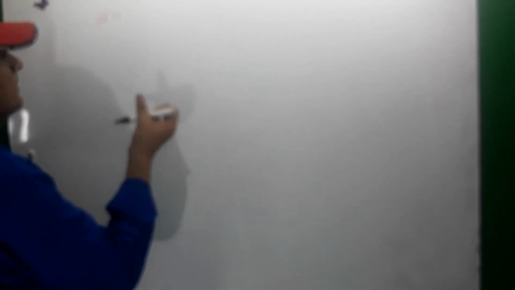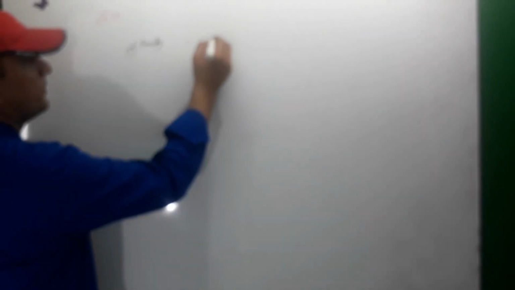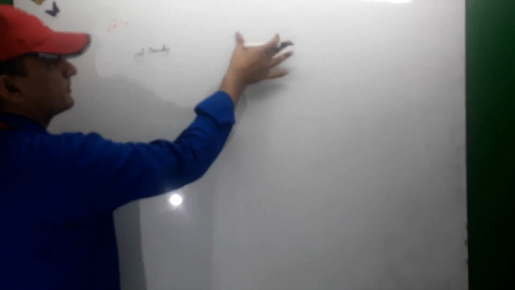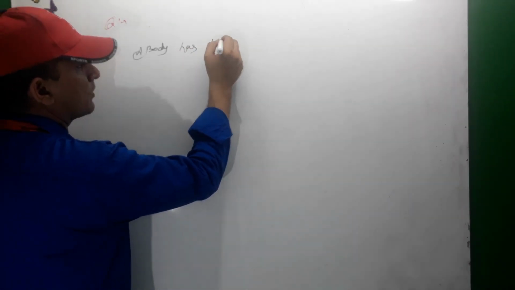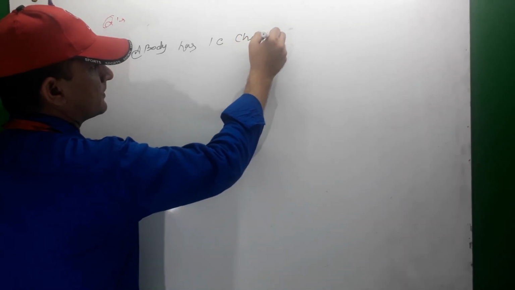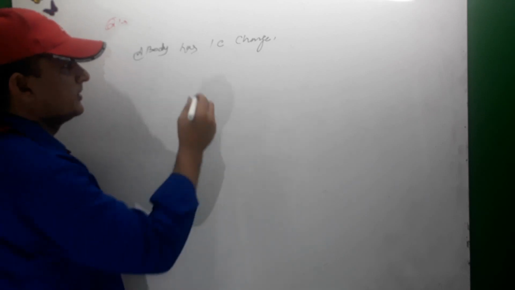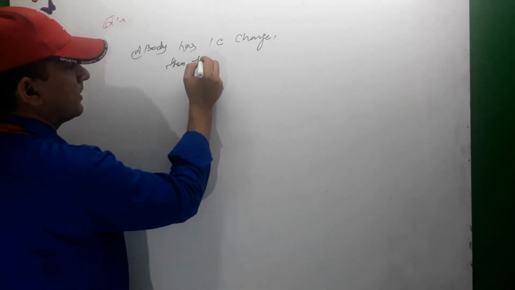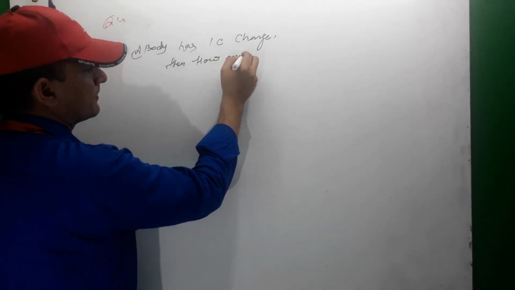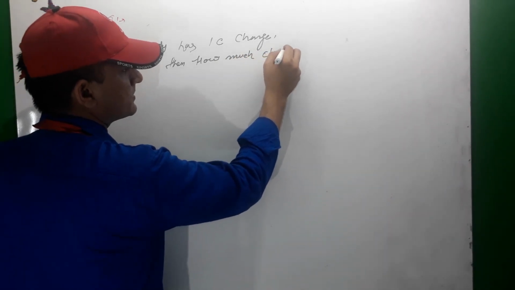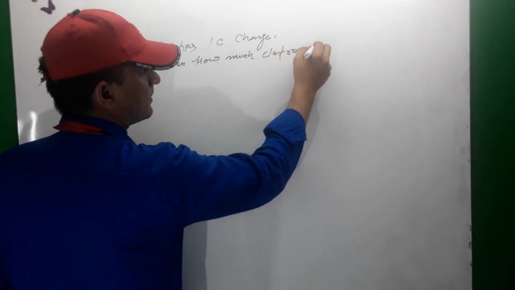Question number 1. A body has 1 coulomb charge. Then how many electrons are present on that body?